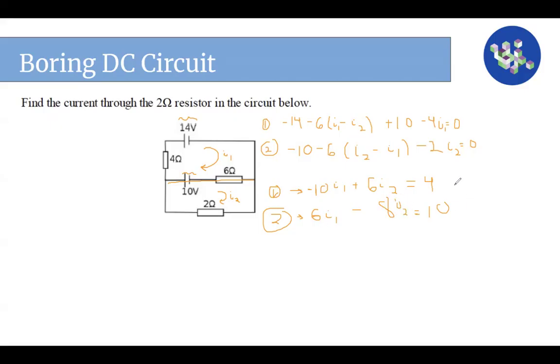And you can solve this. It's a system of equations. You're going to get I1 equals something and I2 equals something. They're asking for the current through the 2 ohm resistor, so your answer is going to be whatever I2 is. Any questions on that?